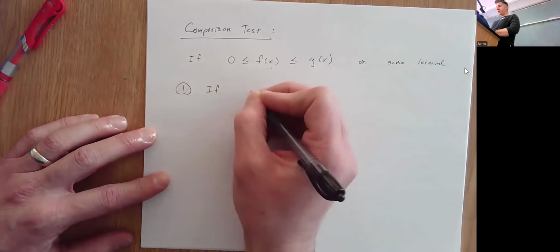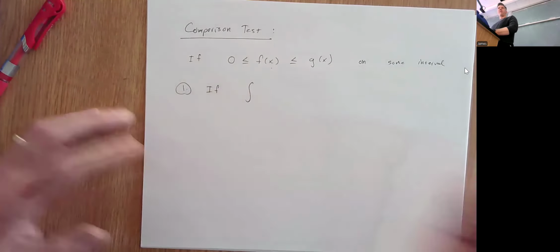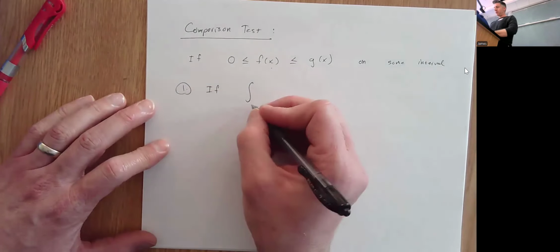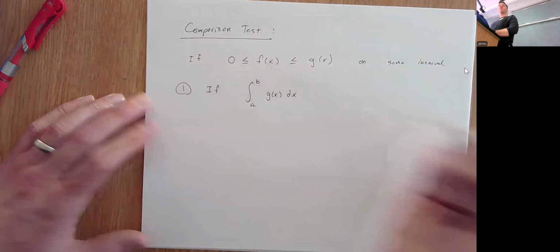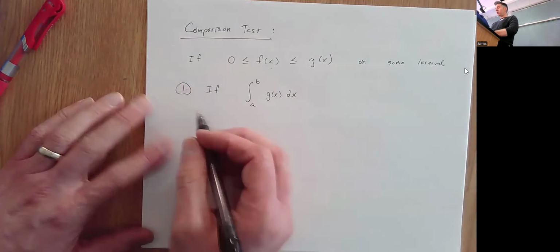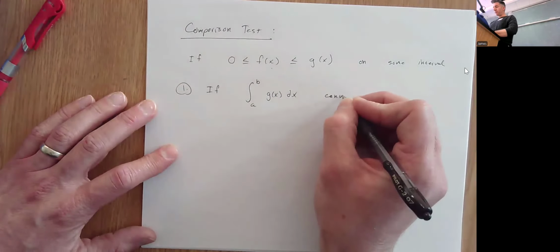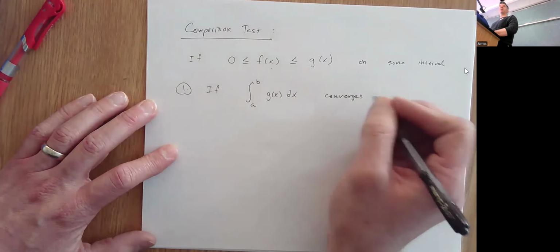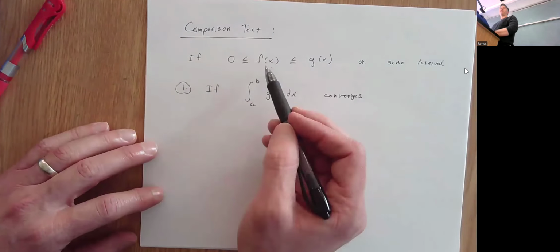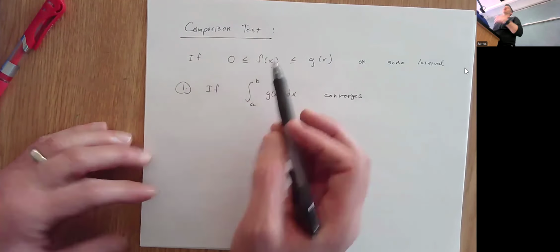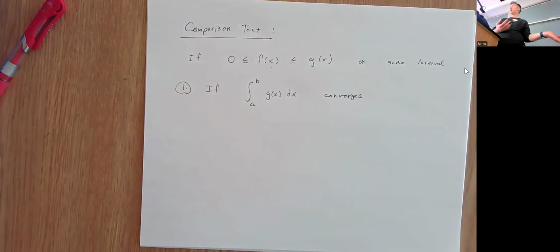if the integral on whatever interval from, say, a to b of g of x, where b could be infinity, if this integral converges to some finite value, then that means that the integral of f of x also has to converge because there's less area that f of x has.